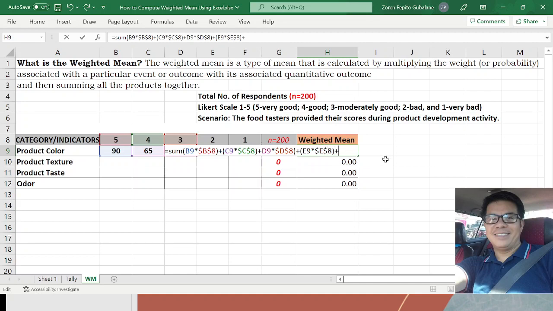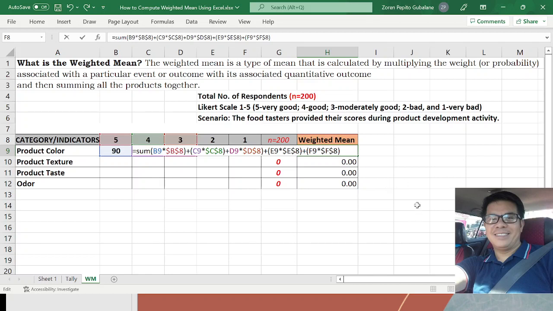Last but not least is the combination under scale 1. Open parentheses, and then the value under scale 1 multiplied by scale number 1. Don't forget to indicate the dollar sign. That completes our formula in Excel.